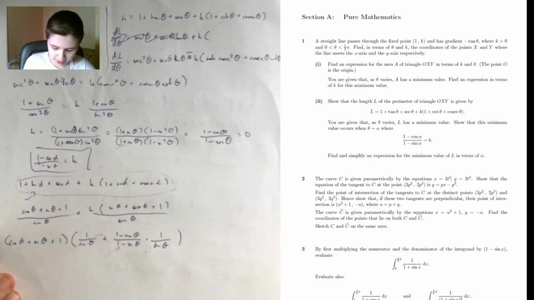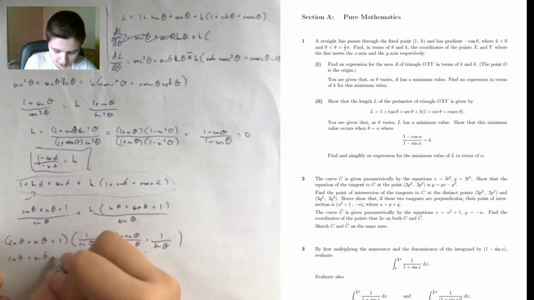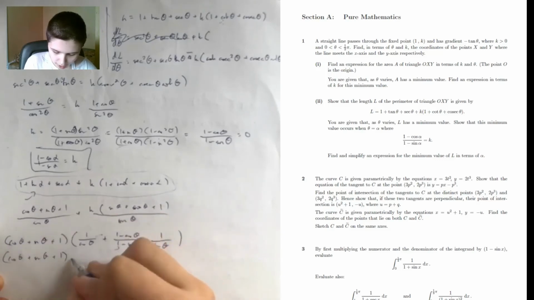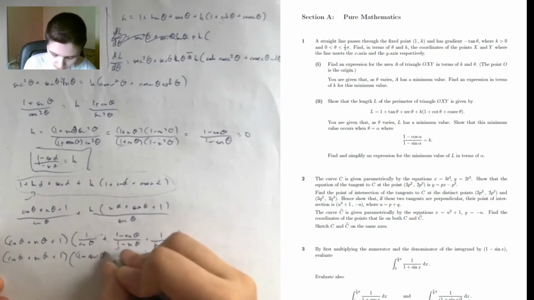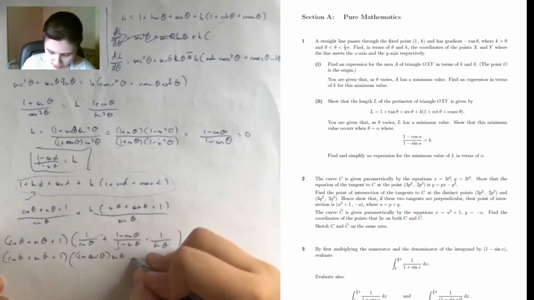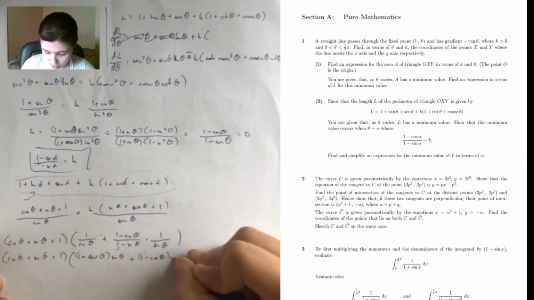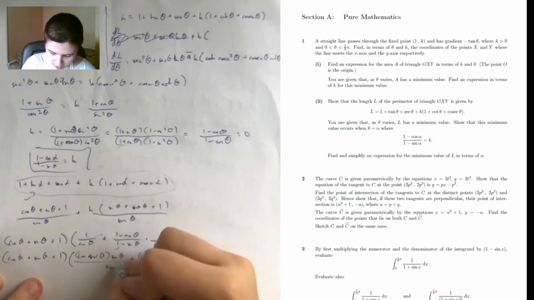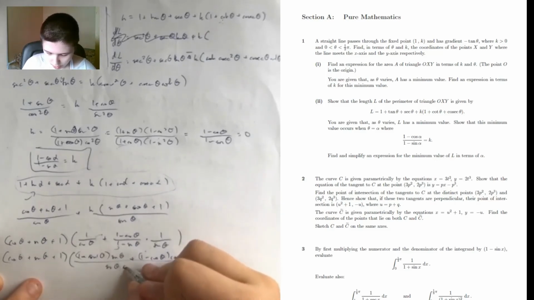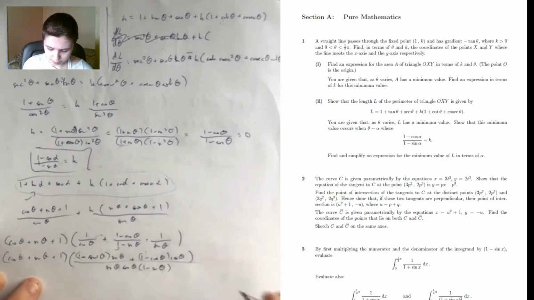Expanding the denominator things here, I get cos theta plus sine theta plus 1 times 1 minus sine theta times sine theta plus 1 minus cos theta times cos theta, all over sine theta cos theta times 1 minus sine theta.